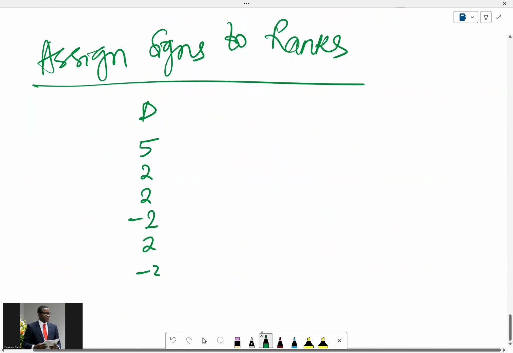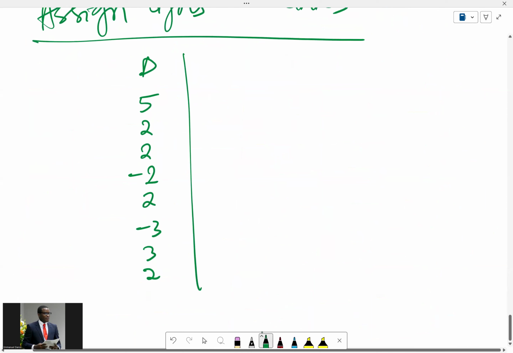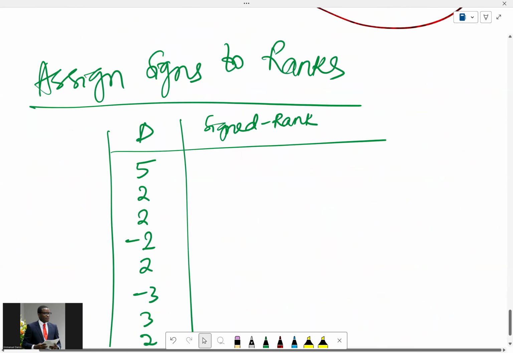And then we now have the signed rank. That's where the signed rank comes in.